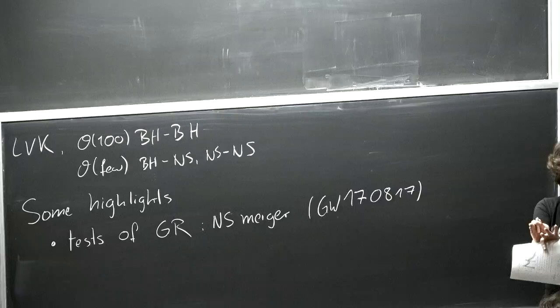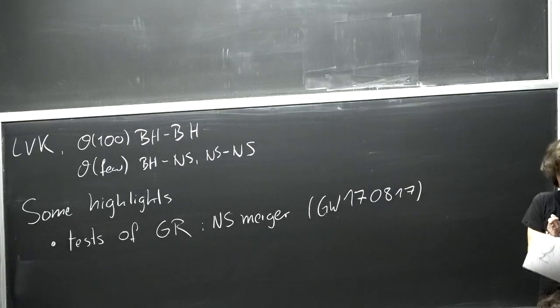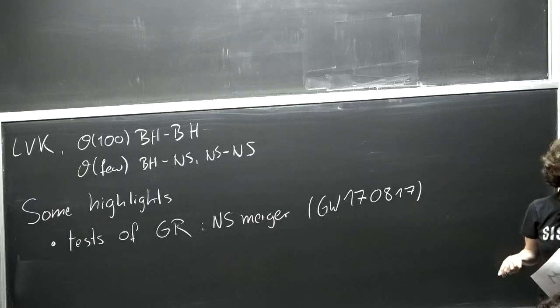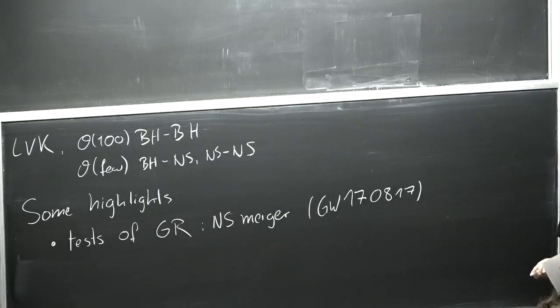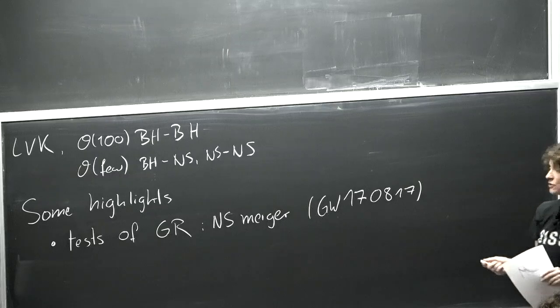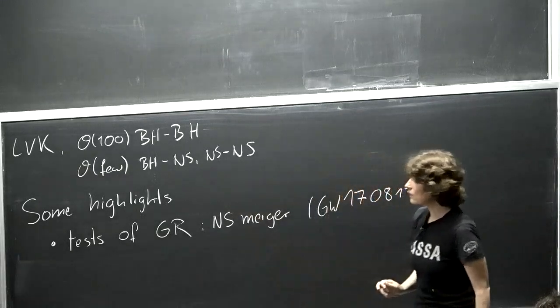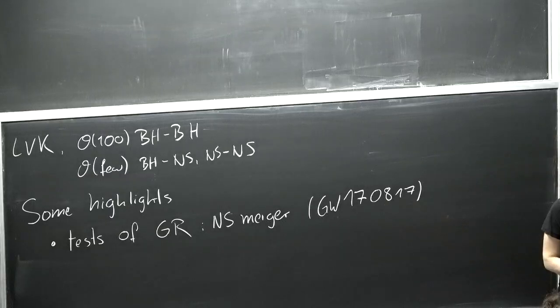Okay, so you have to be lucky, right? Because the EM radiation is going to be emitted into a very narrow beam into the universe, and you have to find yourself in that beam, otherwise you're not going to see it. And you have to catch it, right? Because the sky is big. So what happened here is that LIGO and Virgo saw a gravitational wave event.